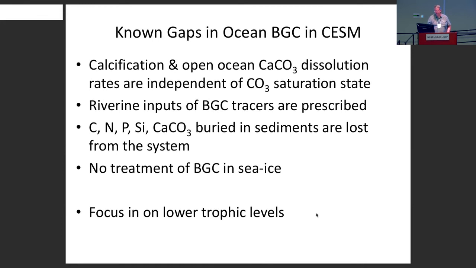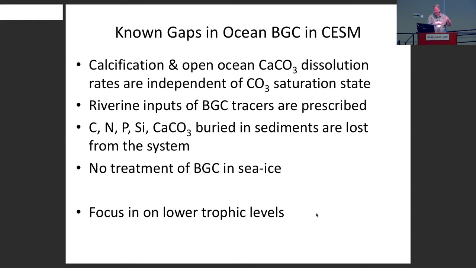There certainly are some known gaps in our model, things that we don't represent. The calcification and open ocean dissolution of calcium carbonate is independent of the chemistry of the calcium carbonate. The riverine inputs of our BGC tracers is prescribed instead of prognostic. One day we'll have a coupled model of nutrients coming from a land model that computes prognostically what's going into the ocean, but we're not quite there yet.